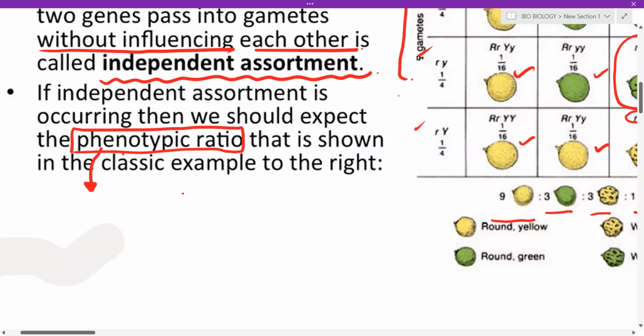So this typical phenotypic ratio is obtained when independent assortment occurs and the genes are not linked together.